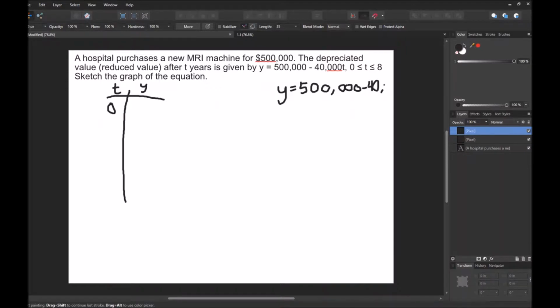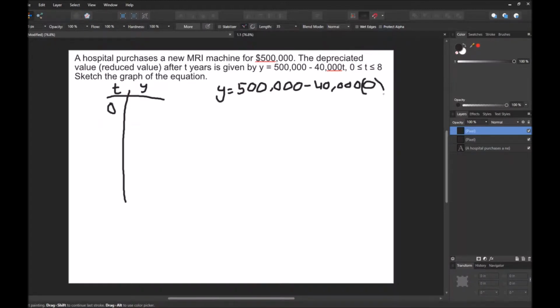and this is going to go off the thing here, so I'll just rewrite it. So to repeat, we have 500,000 minus 40,000 times 0.